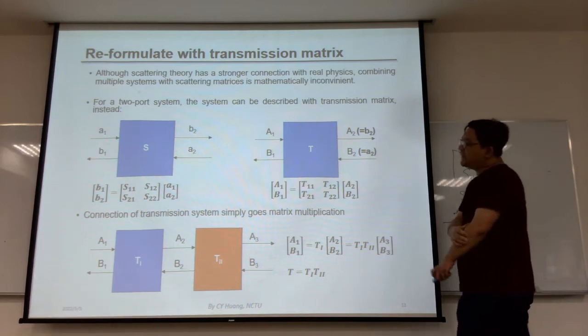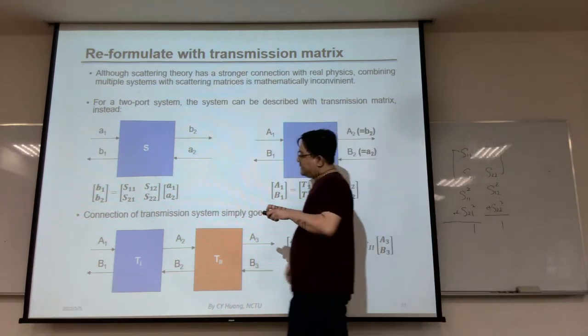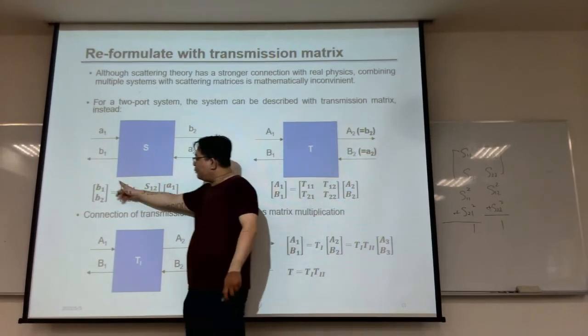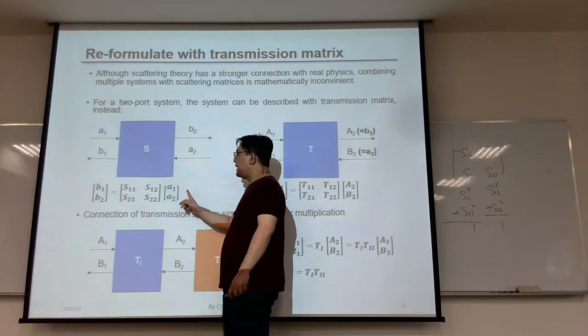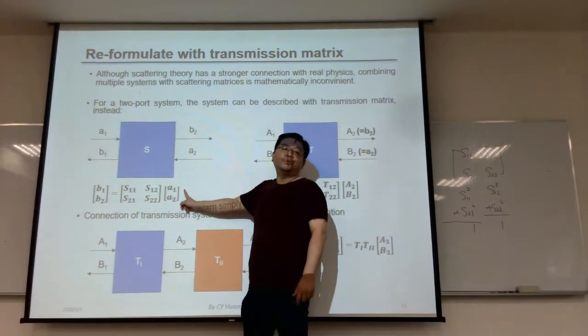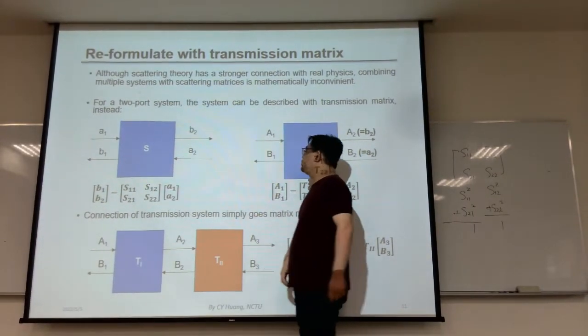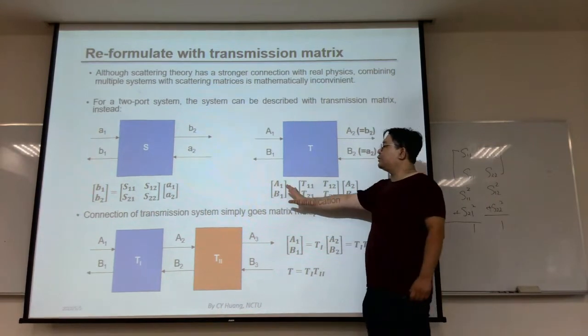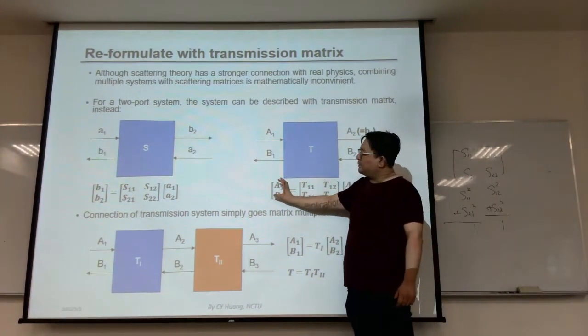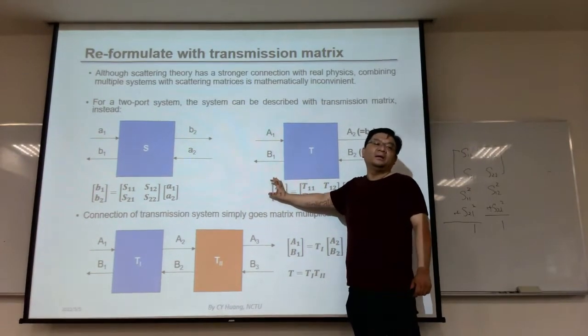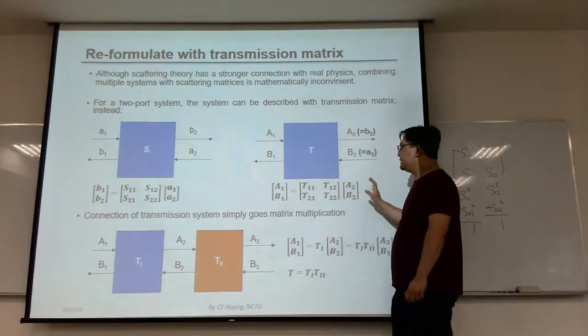So the scattering matrix describes how the output port looks if we decide an input port profile. But with the transmission matrix, we are trying to describe the profile from one side and its relation to the second side.